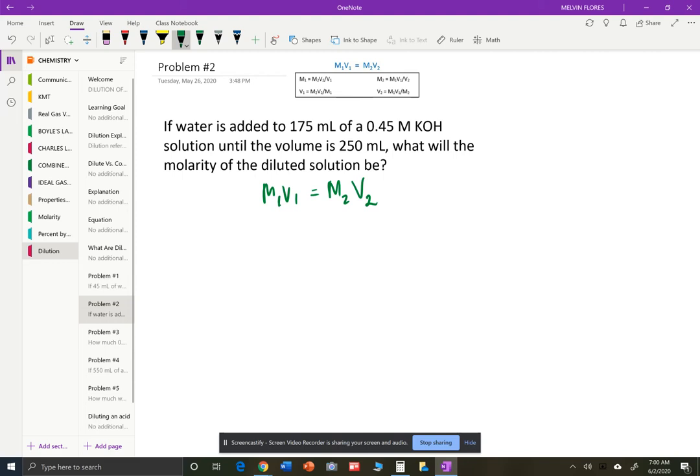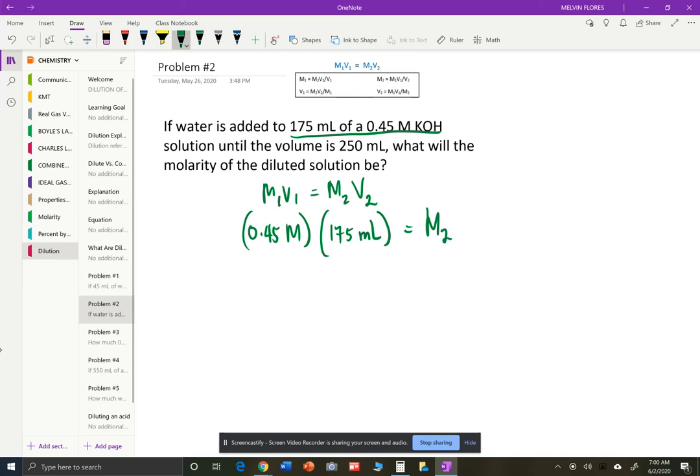We have 0.45 molarity. So 0.45 molarity times your V1, which is 175, because this is the initial concentration and volume. And then the volume increases to 250 ml. And then what will be the molarity?